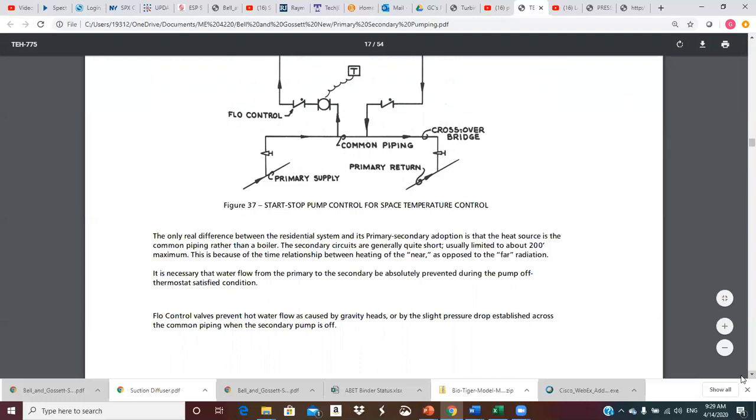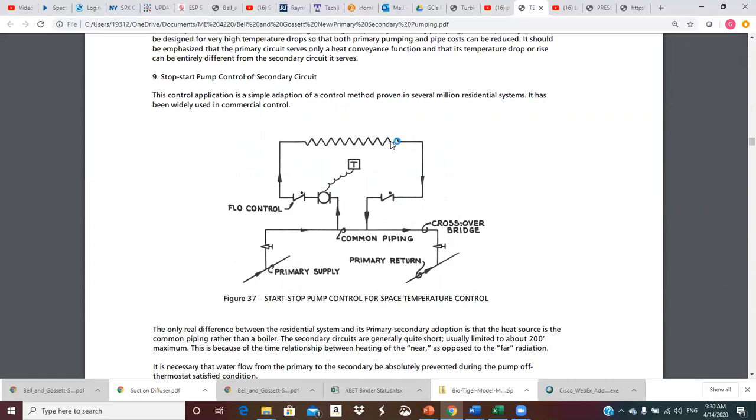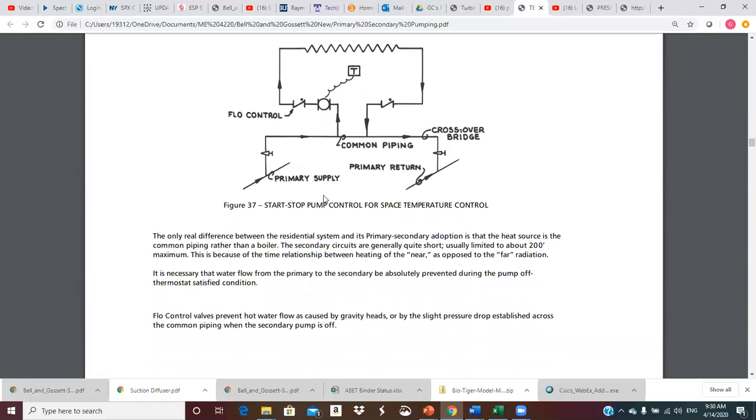So one issue is that when this pump is off, when the space is satisfied, we don't want any of this hot water migrating, say by natural circulation currents, up through this T, and depending, it could migrate all the way to the coil, and then the coil, if the fan is continuing to blow, could do some heating with the pump off. So that has been known to happen.